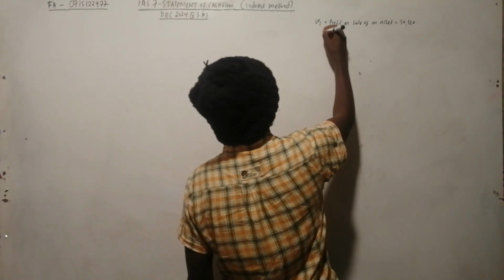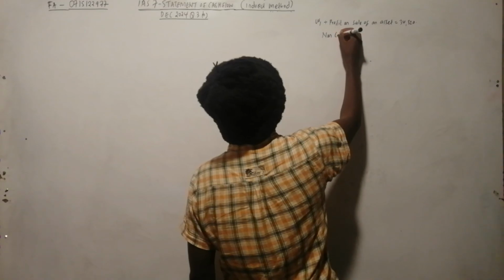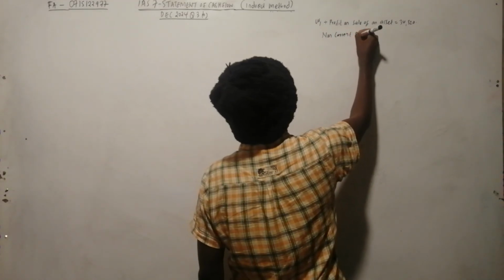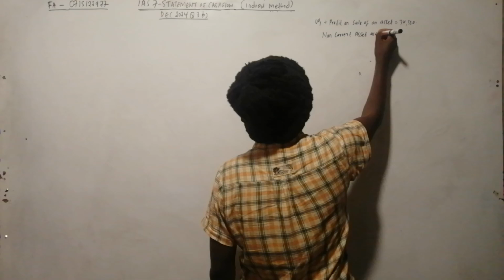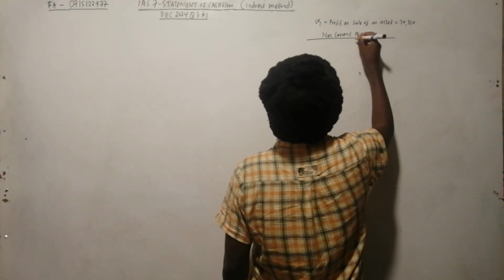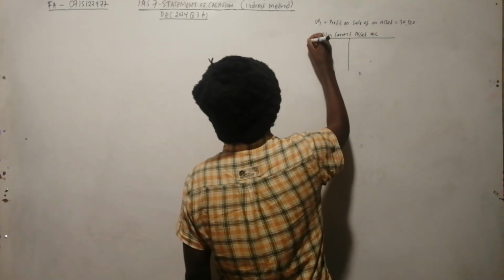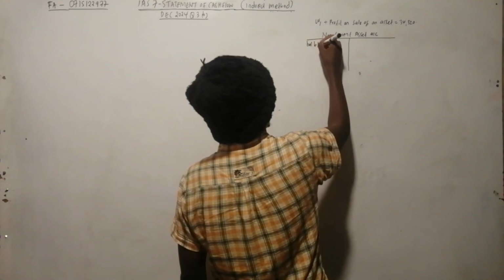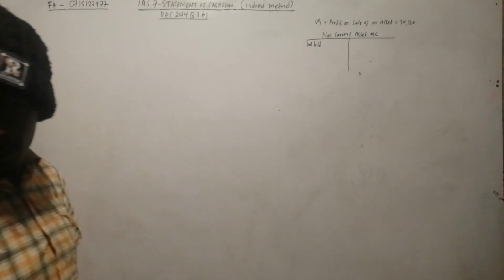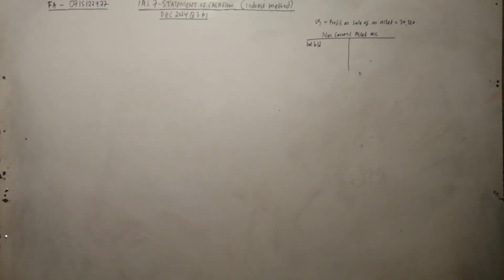Now on number 2, we can go and calculate the non-current asset account. So let us prepare a non-current asset account. We start with the balance brought down. So remember, in this case, if we check our statement of financial position, the balance at the beginning is the cost, because we have been provided with the accumulated depreciation.